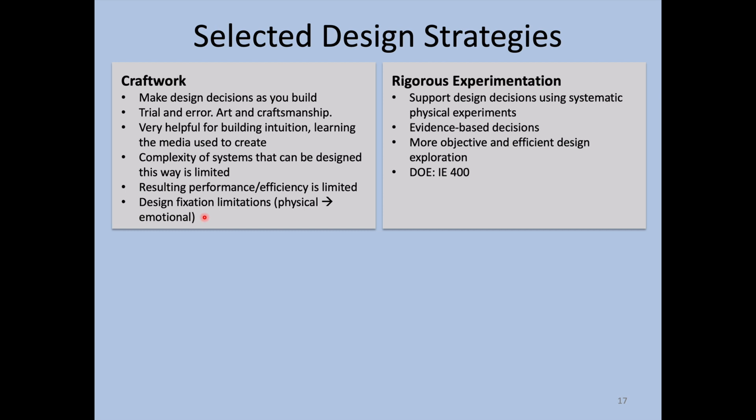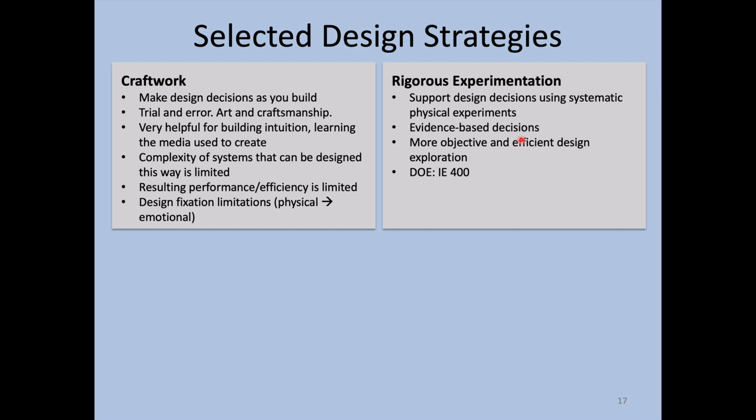more sophisticated technique. So one step up in sophistication might be described as rigorous experimentation, and this definitely falls within the realm of engineering design. We support design decisions using data or information that we get through systematic physical experiments. We want to base our design decisions on evidence, not just our intuition.